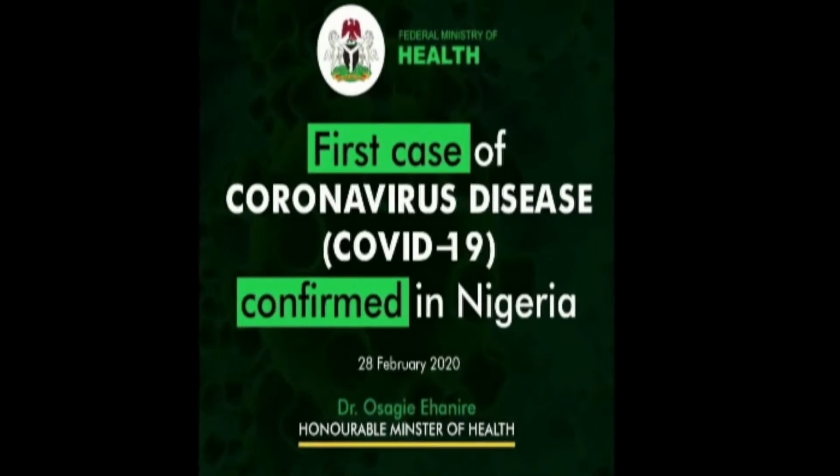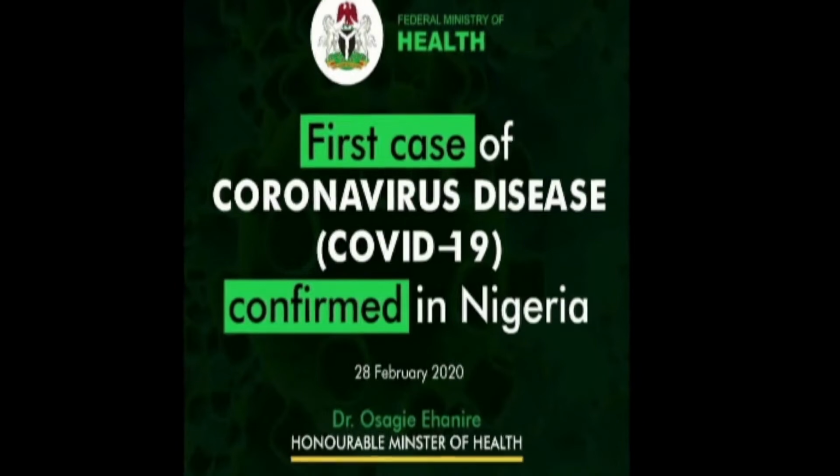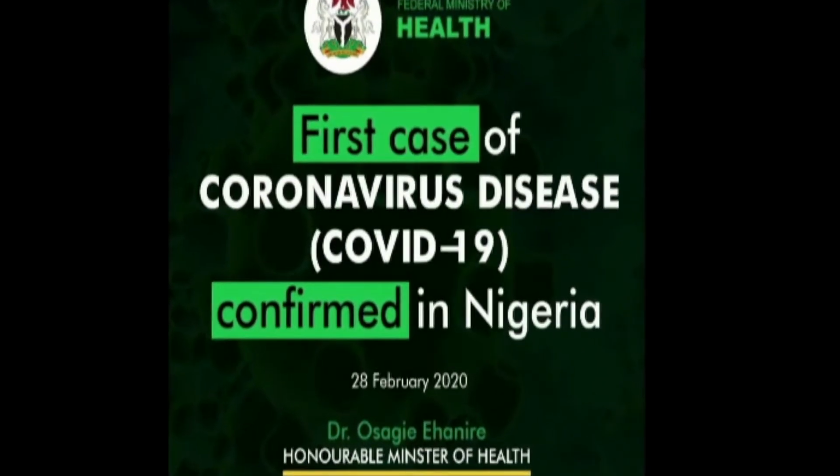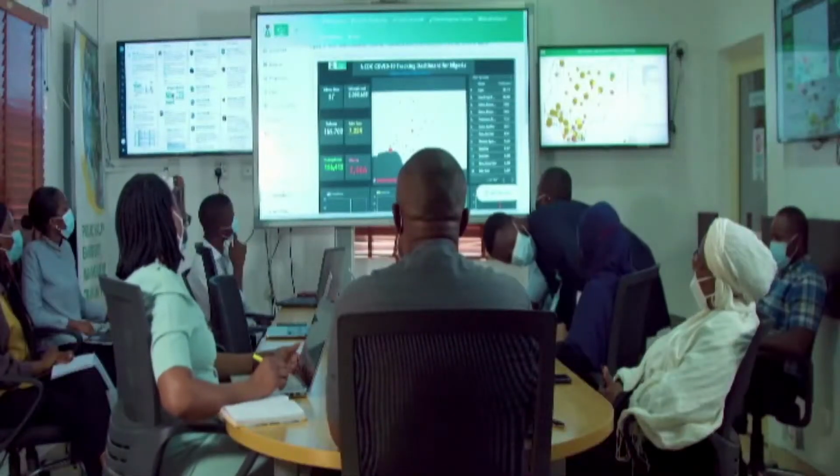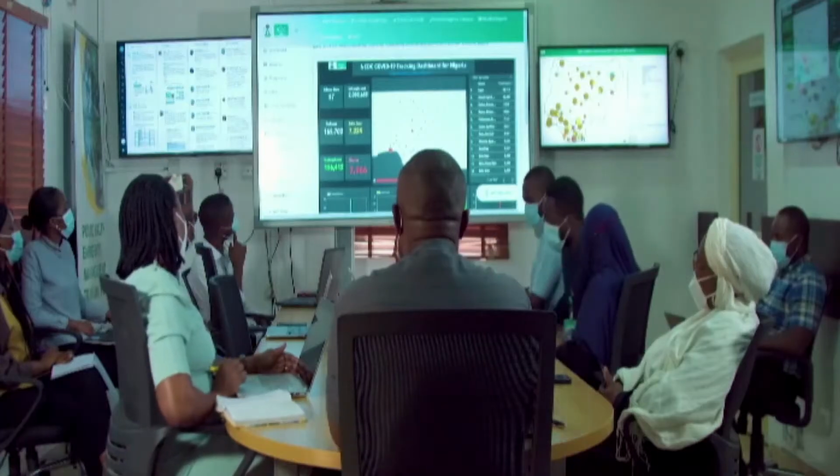We started with a very aggressive response from the very beginning. If you remember the very first case in Nigeria, very well contained, very few infections arose from that. We started airport screenings and temperature checks way before anyone really understood what was going on. On the front lines of the response, the team here at the Nigeria Center for Disease Control supported all the 36 states.